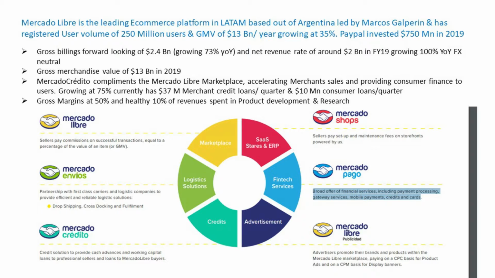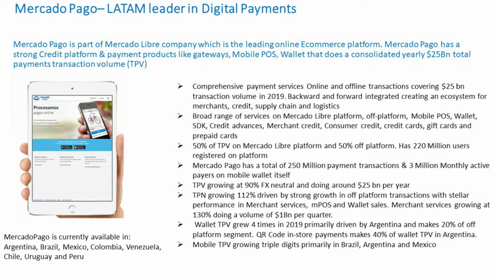And then there are many others, like shops, where sellers can pay for setup and maintenance and get storefronts on the platform. So I had invested in Mercado Libre because of its leadership in commerce, and not only that, they are appearing as an end-to-end product suite for commerce, like the Amazons of the world, including payments and credit and lending and whatnot. Everything is there for the merchants to sell.